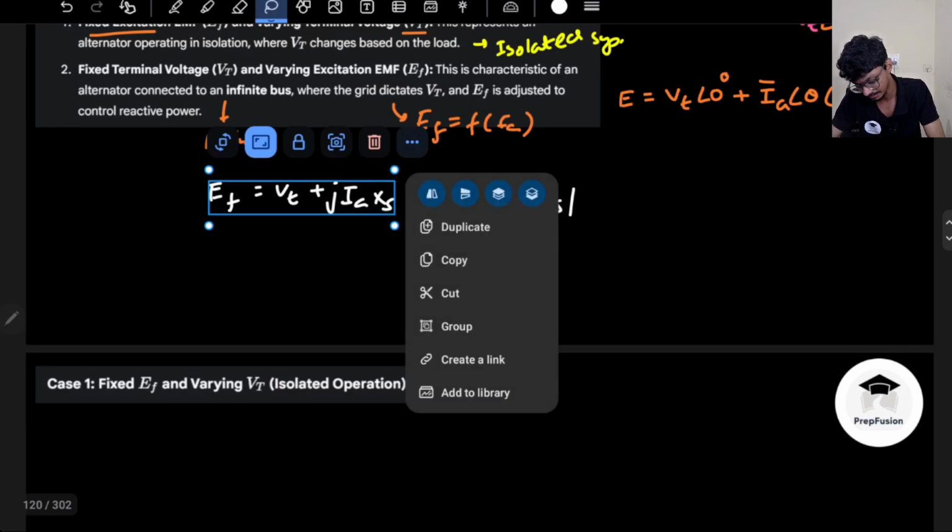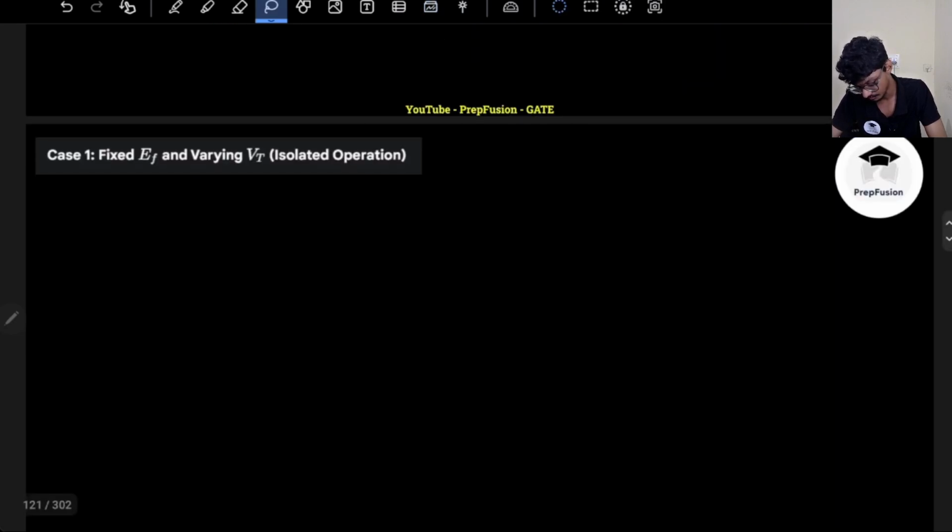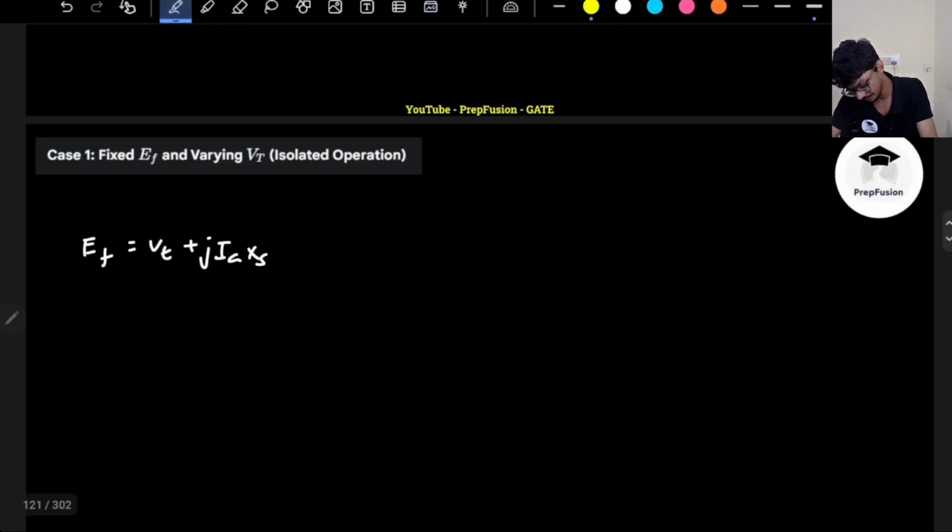That basically means my EF is fixed. So what is my IA basically? That is what I want to know. So let's do the analysis at different power factors. Let's first do it at 0 power factor leading.